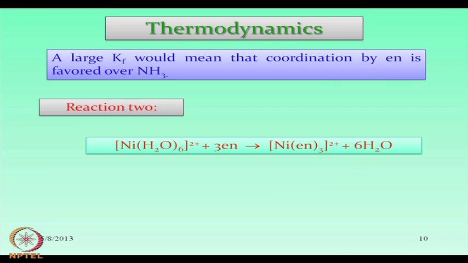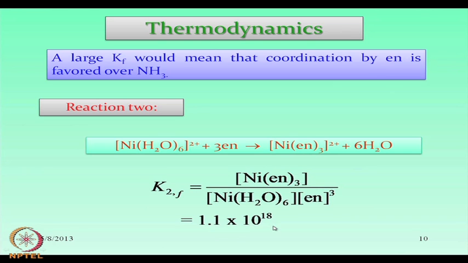So, directly from the aqua species we get the formation of the trischelate of the bivalent nickel, and we find out the corresponding values for the formation of these, and for the reaction which is directly forming from the aqua complex we can find out the corresponding K value as 1.1 times 10 to the power 18. We just simply compare the magnitude of these values.